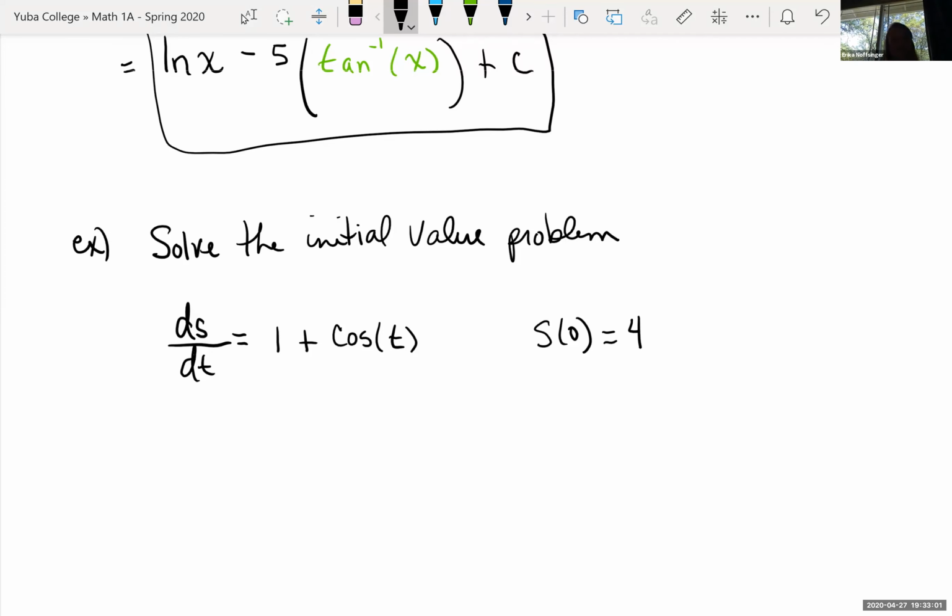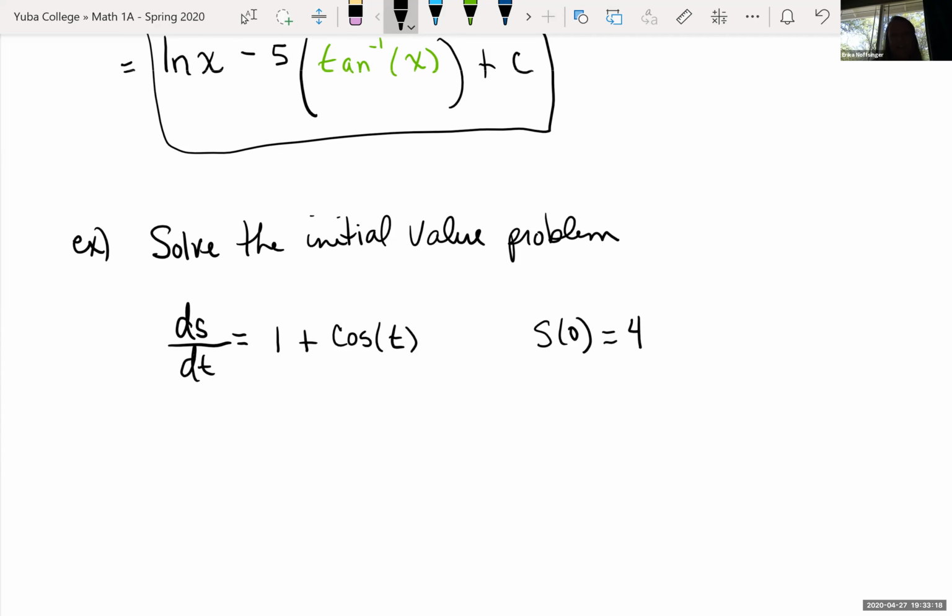So basically, if we looked at our position function, velocity function, and acceleration function, if we were given what the velocity was, we could find our position function by taking the antiderivative.